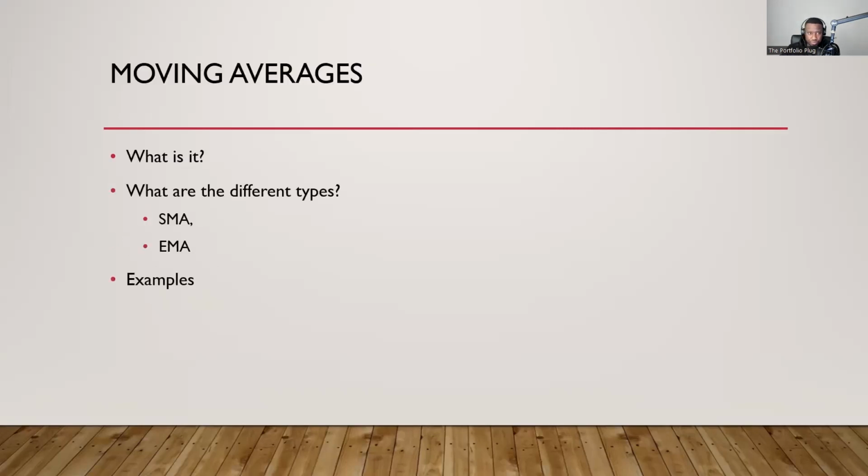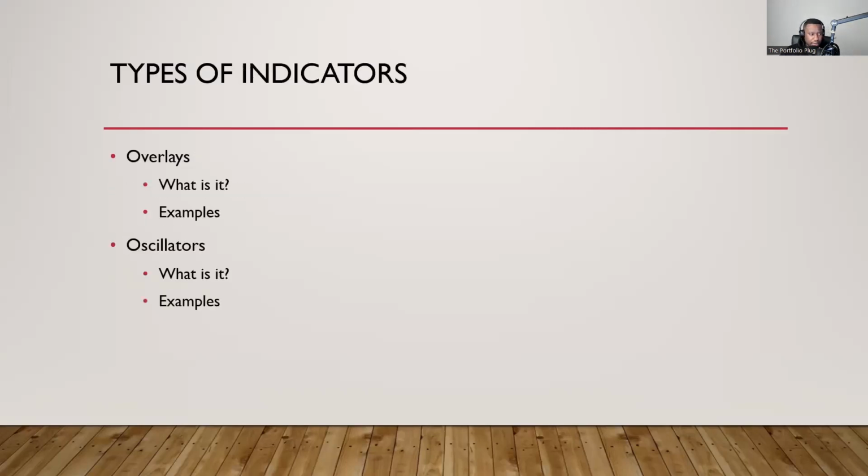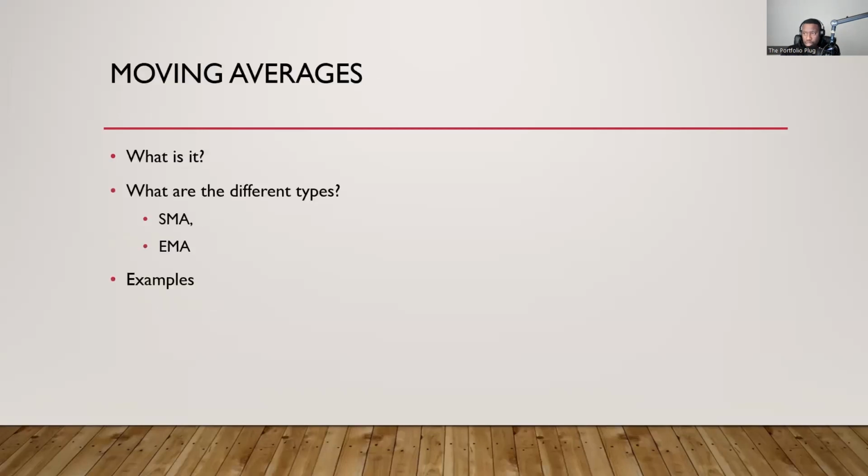All right. So kind of going back to what I was saying, overlays, the first one is moving averages. I'm going to show you exactly what I use. So first, what is a moving average? The moving average helps to level out the price over a specific period of time.